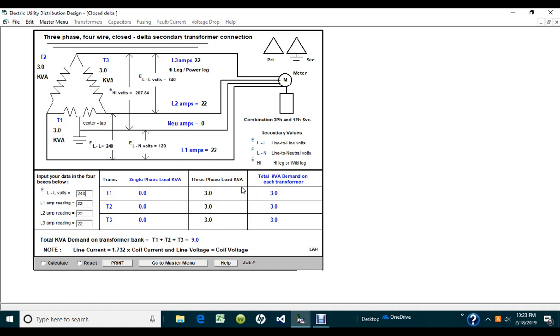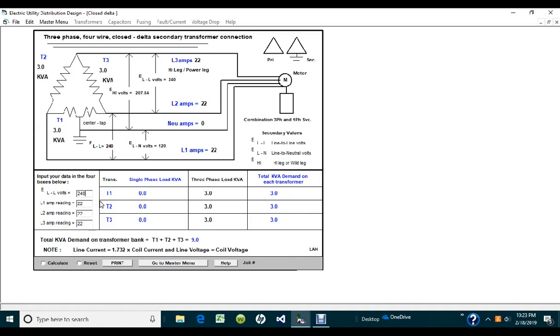Okay, so keep in mind that when you run in 3-phase from a delta configuration, as far as like shown here, the amperages and the load should be the same as far as the three-phase load is concerned. So 22 amps, 22 amps, 22 amps. That's the load. It should be the same for each one of those three wires, line 1, line 2, and line 3. Alright? Okay.